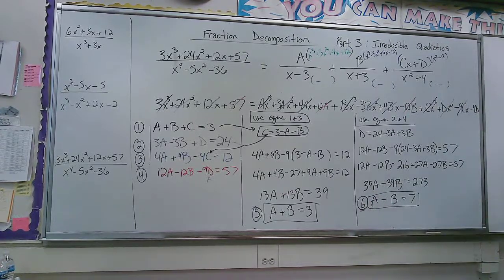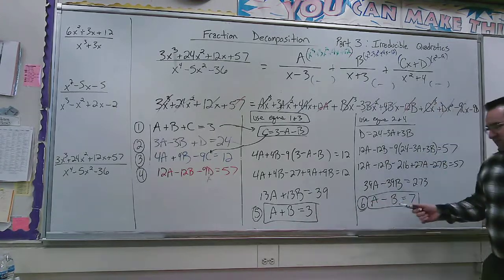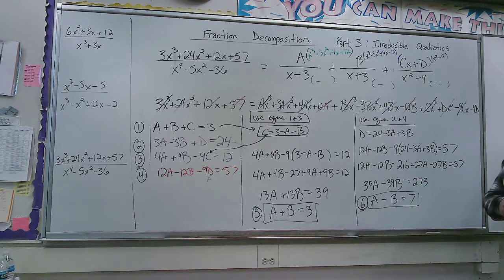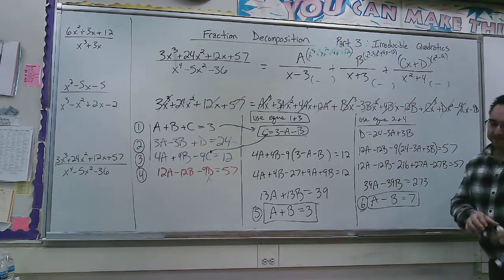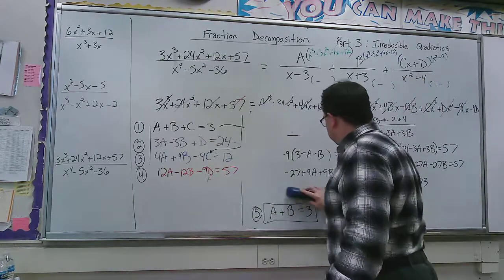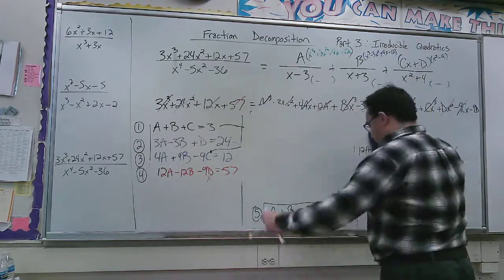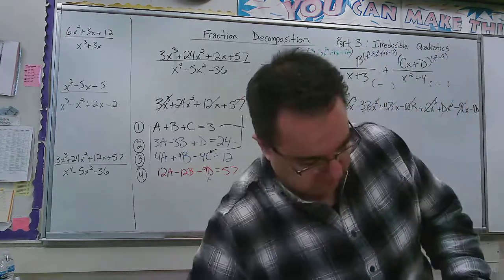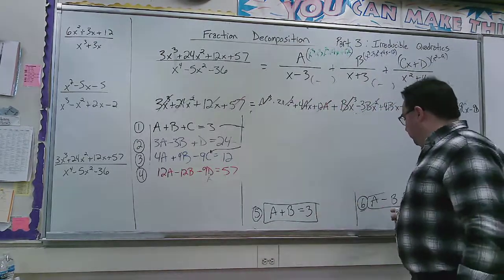Well, I'm going to have to do some erasing. So now I need to take equations 5 and 6 together and solve for, it looks like I'm going to be solving for A, right? On a piece of paper, I just keep running it right down. I wouldn't be erasing stuff. So I'm going to pull these 2 equations together.